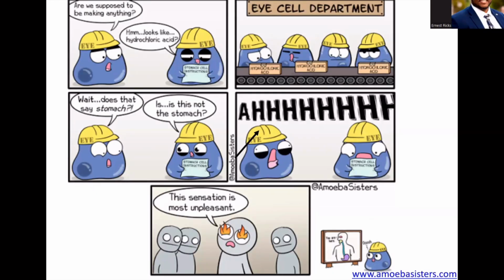Wait, is this not the stomach? Right. Because basically your eye cell has accessed the genes to make hydrochloric acid, and they start actually making that protein. And all of a sudden it's a very unpleasant feeling happening in the eye because the wrong gene was turned on in the wrong place.